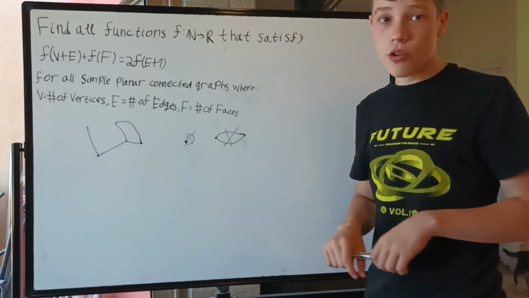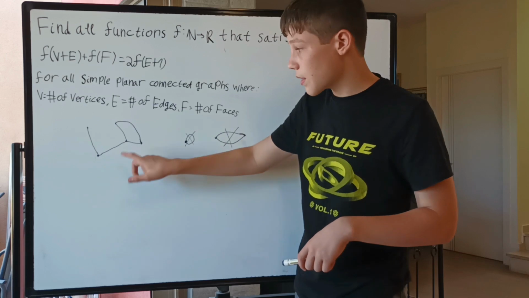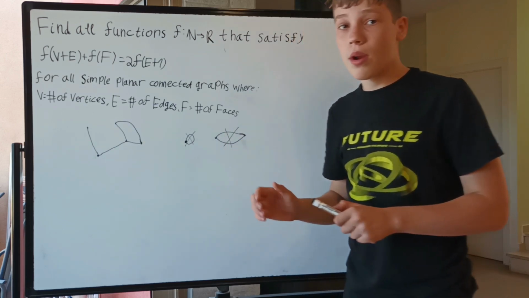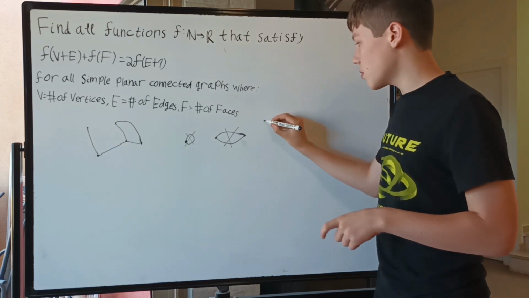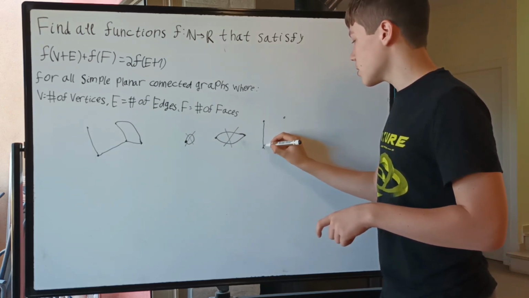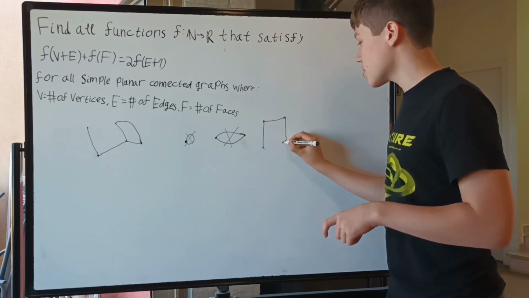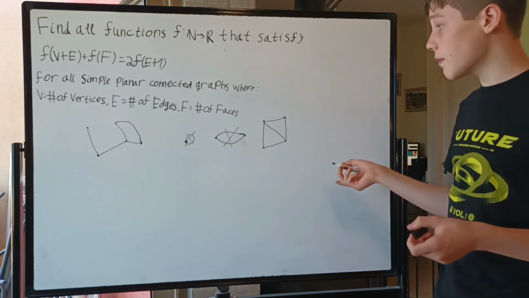A planar graph is a graph that you can put on a plane, like this one, where no 2 edges intersect. So for example, a graph like, so far this is a planar graph, everything's alright.